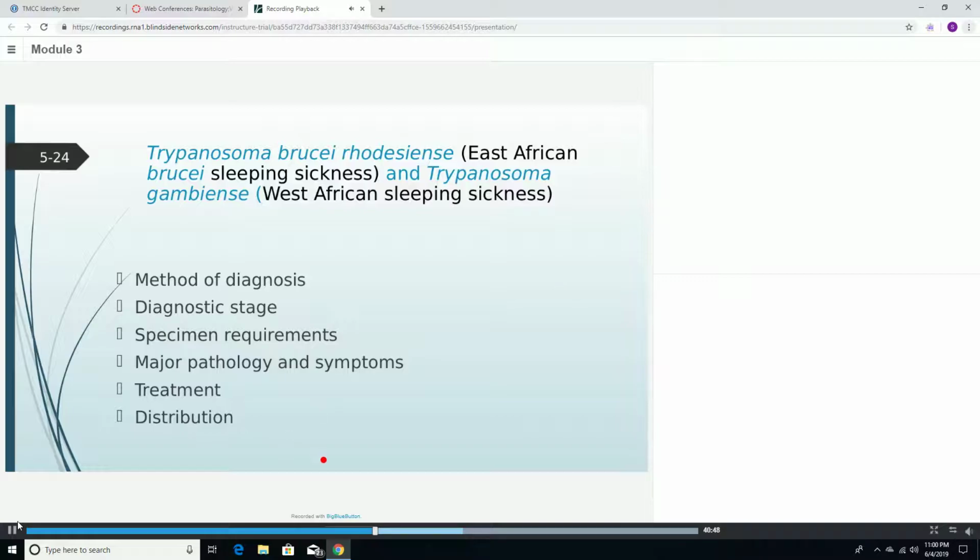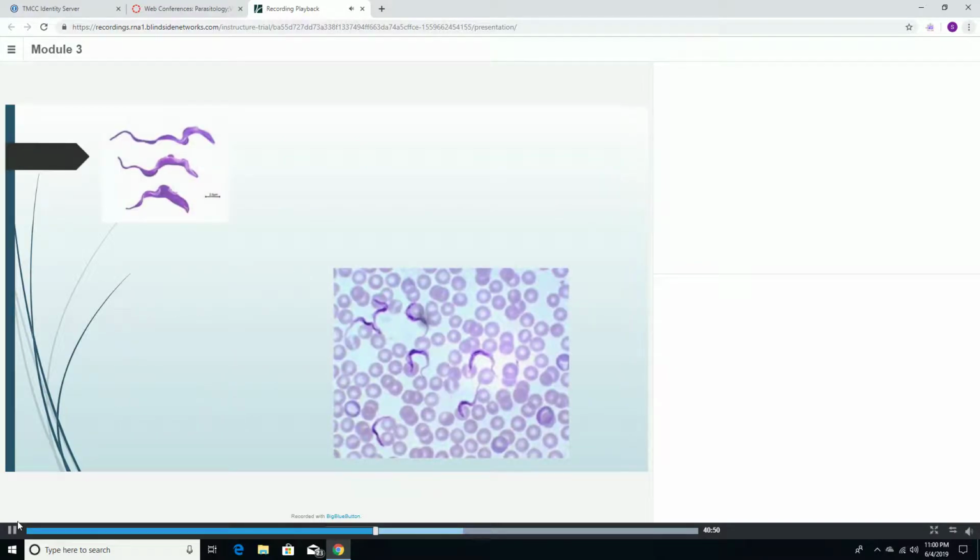So let's go to the next slide and have a look at this organism. So this is what we would call the trypomastigote stage. Some people say that it looks like a seahorse, but I want you guys to note that we have this anterior flagellum on the parasite here. We're going to see an undulating membrane, so that little membranous sheath-looking thing on the outer edge is the undulating membrane.